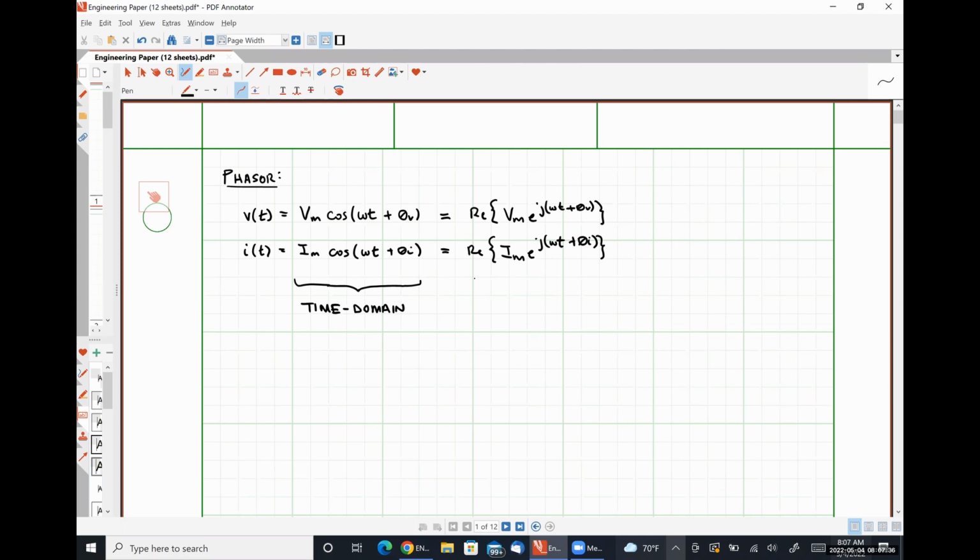And I'm going to call these complex number representations the mixed domain.